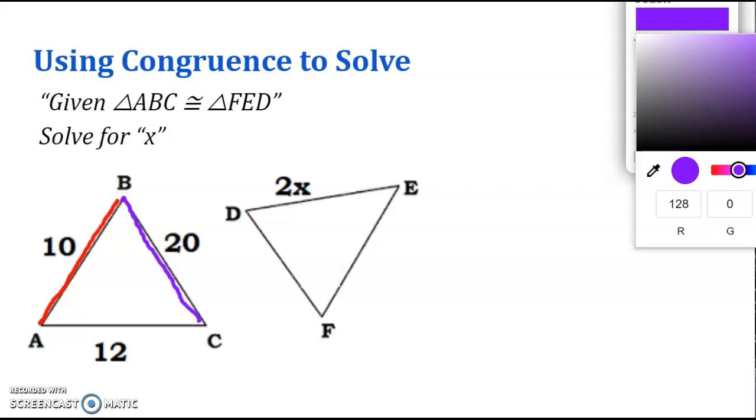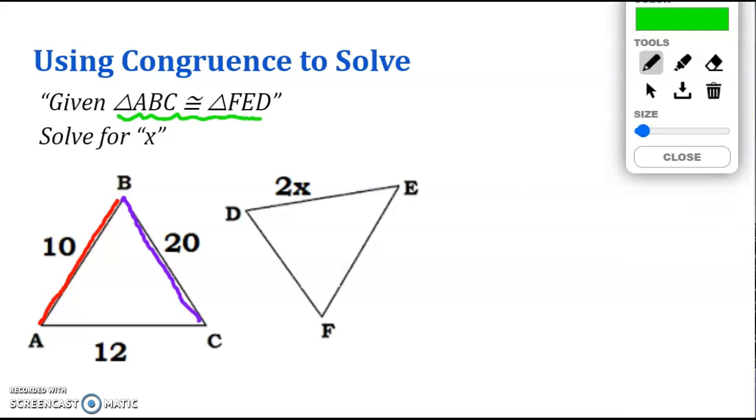You cannot rely on your eyes to figure out which side corresponds to which. They look somewhat similar, so you can't really tell. But what you can use is the congruence statement that we are given.